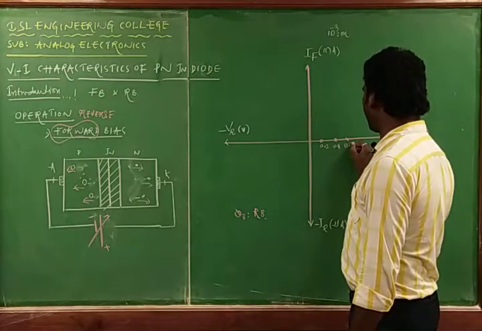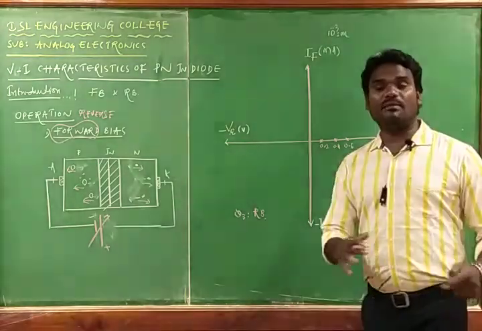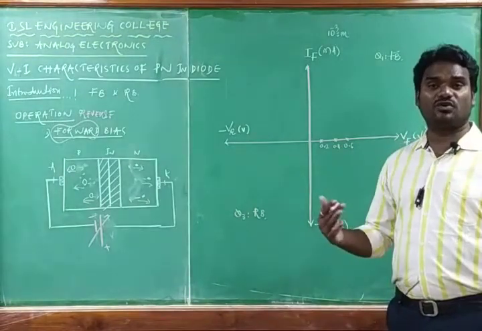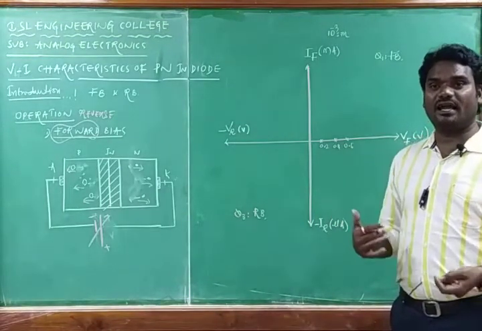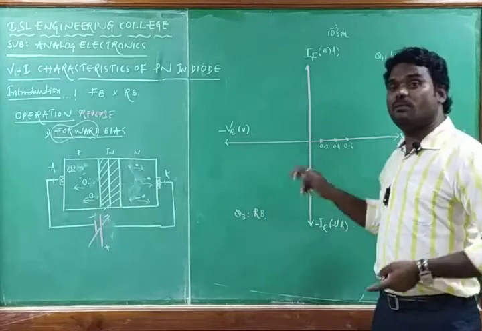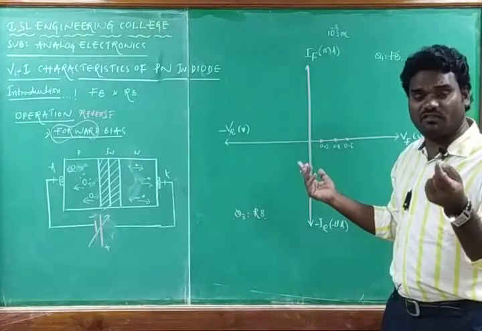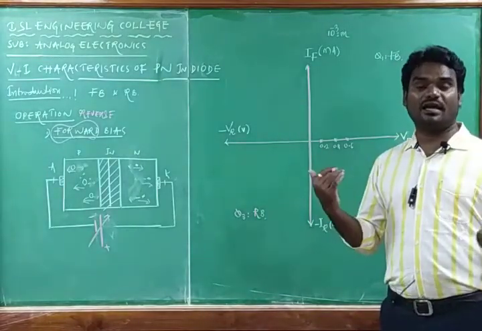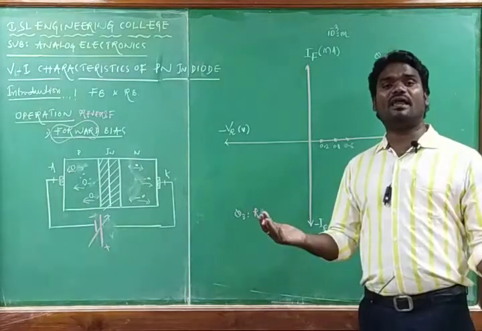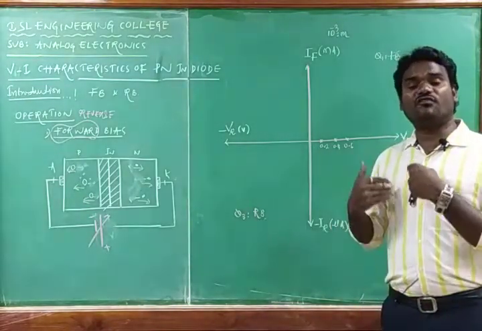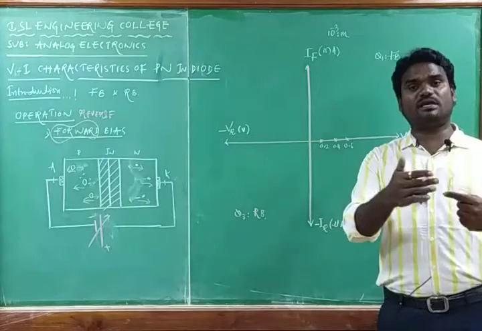At 0.6 the depletion region is completely vanished, so it is ready for current conduction. If you apply a voltage beyond 0.6, even a very small increment, it conducts current, because there is no barrier, so electrons can freely move from the N type to the P type semiconductor.